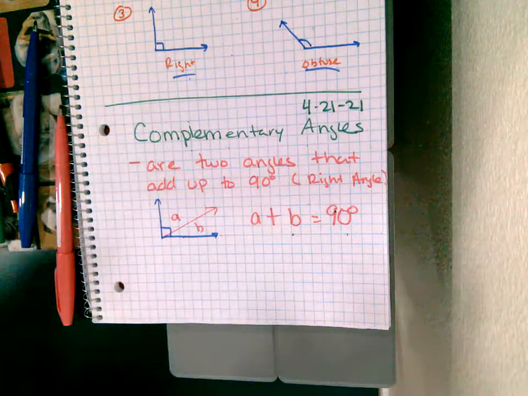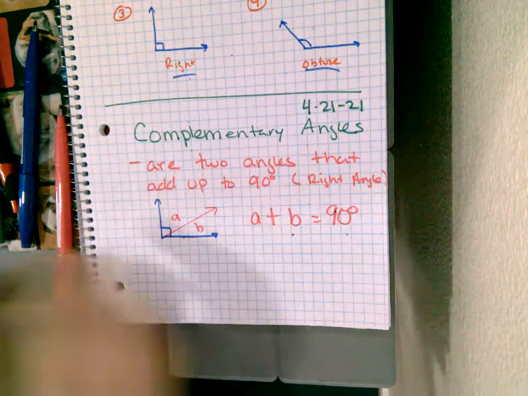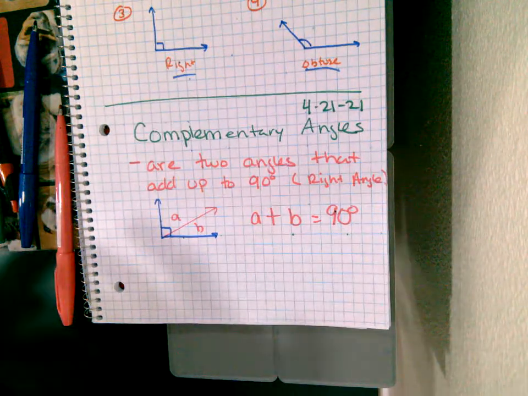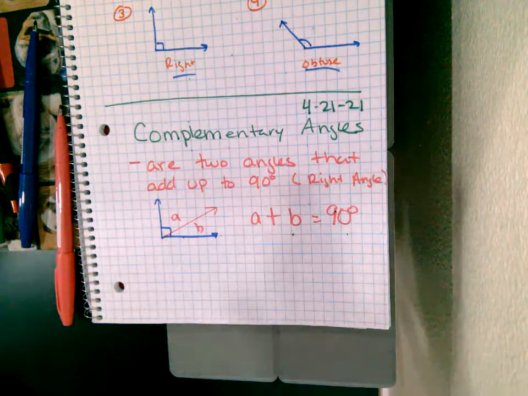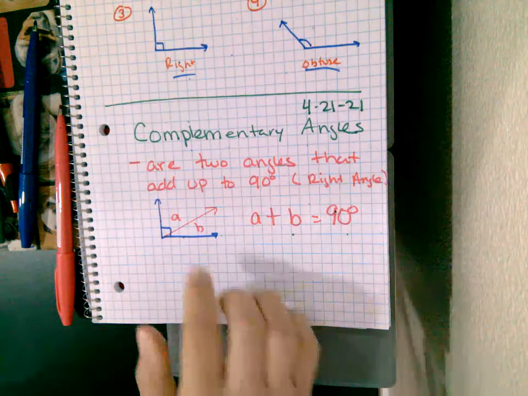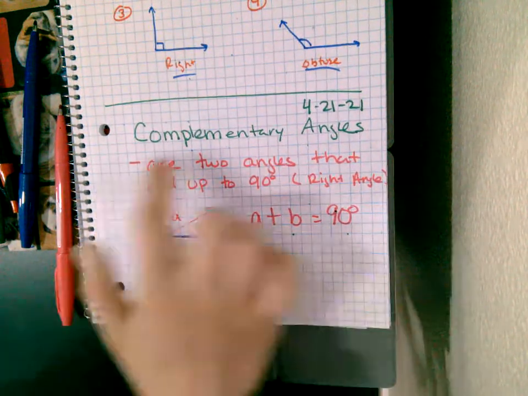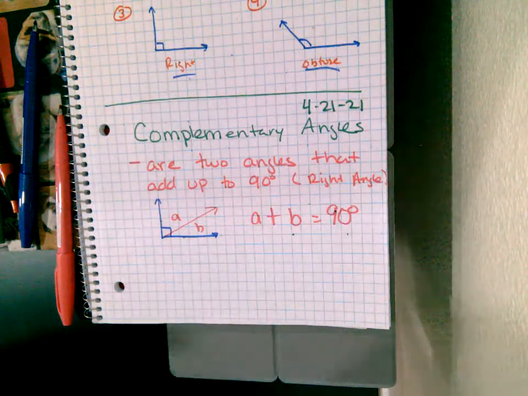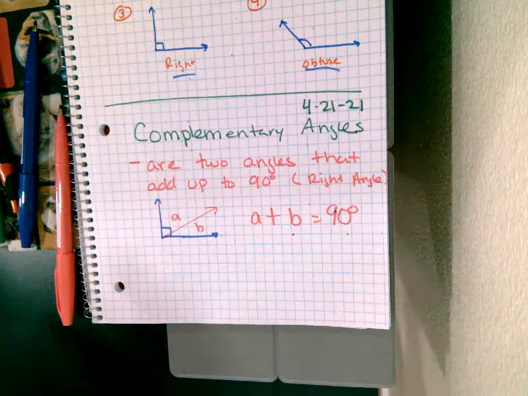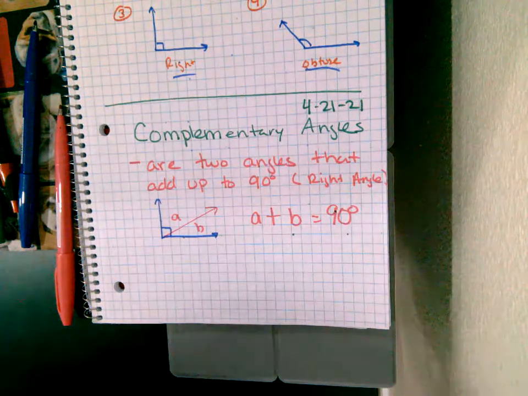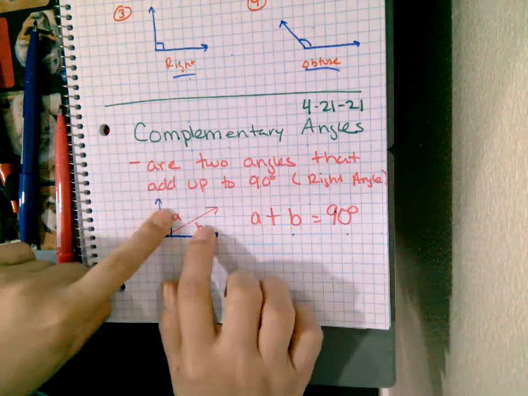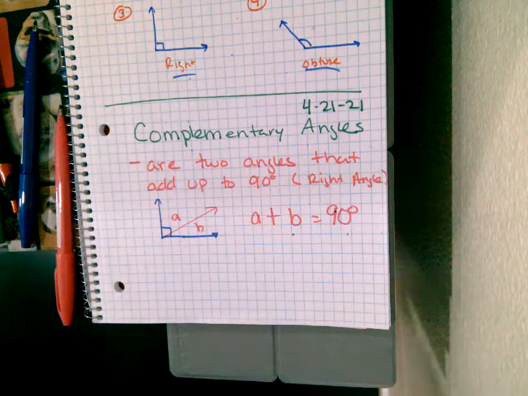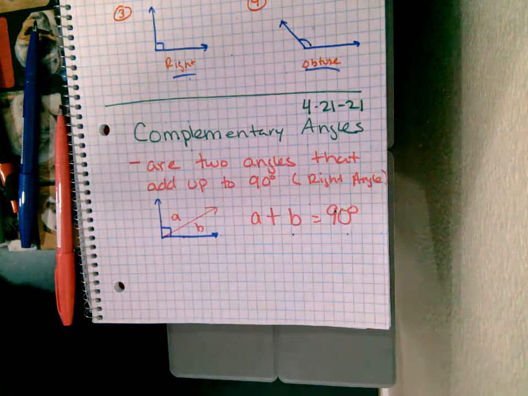Angle A and angle B are complementary because when you put them together, they equal 90 degrees. If you have one single angle that equals 90, you call that a right angle. If you have two, it's called complementary. They're special angles because together, they give you 90 degrees.